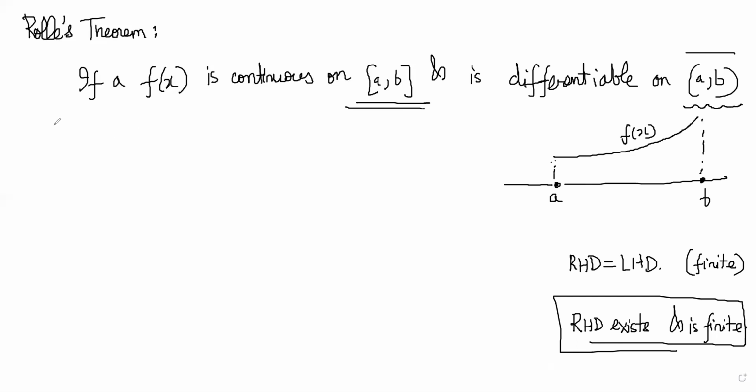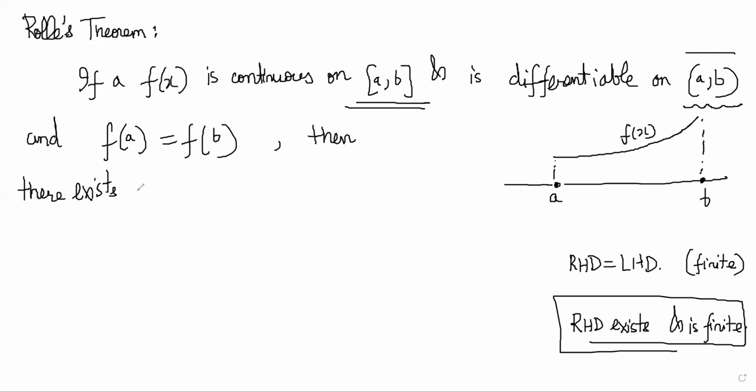There is one more condition, f of a is equal to f of b. Then there exists a c in (a, b) such that f dash c is equal to 0.